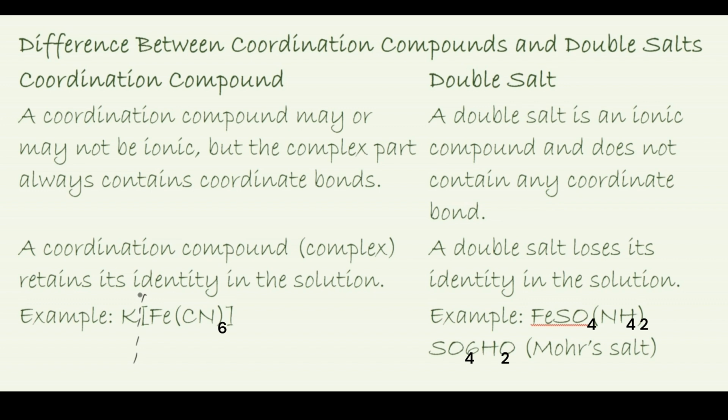But a double salt will dissolve into its simple ions, so the double salt loses its identity. These are the major differences. The question can be asked as: which of the following is a double salt? Which of the following is not a coordination compound? For an easy way, the sphere will be there in the case of a coordination compound.